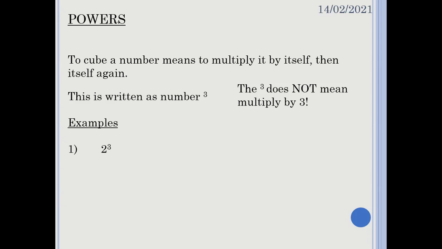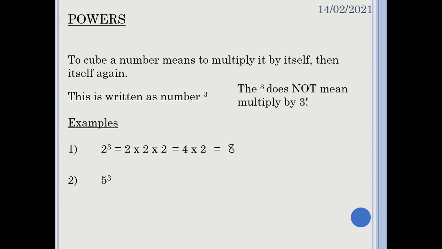So we've got 2 cubed. How can I rewrite 2 cubed? Well, it would be 2 times 2 times 2. If you want to break it down a bit easier, 2 times 2 is 4, so we can write it as 4 times 2. And then we can say that 2 cubed is equal to 8.